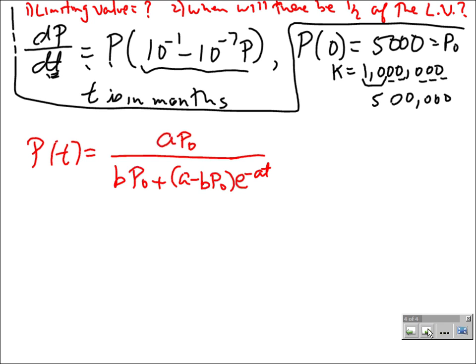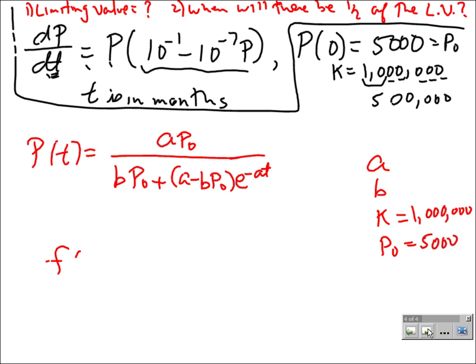So we need to find out what A, B, K, and P sub 0 are. Well, we know what P sub 0 is, and we figured out what K was for part 1. Now we have to find A and B.